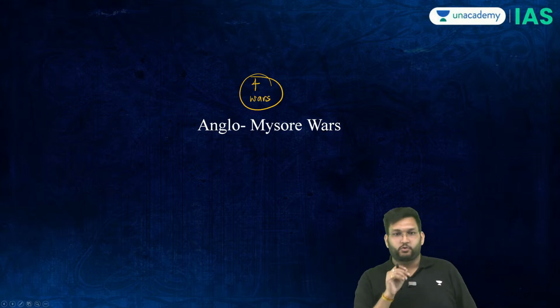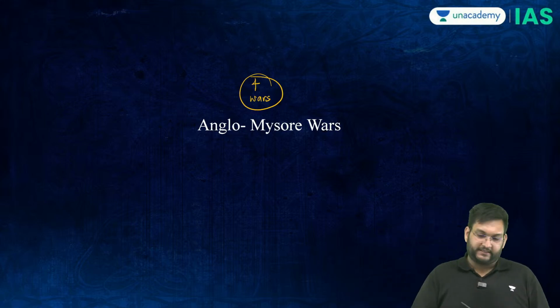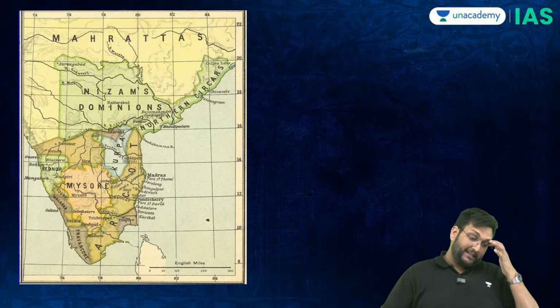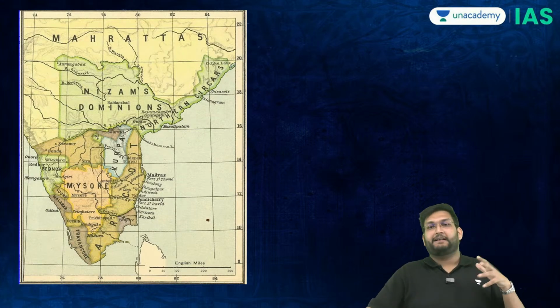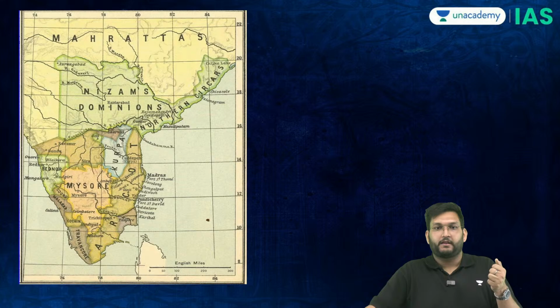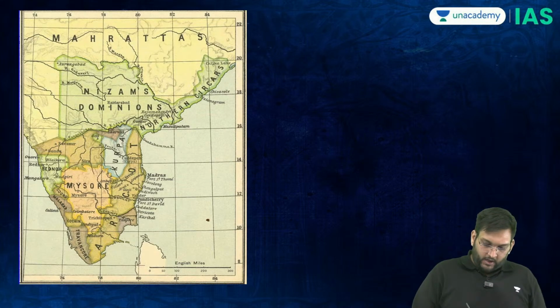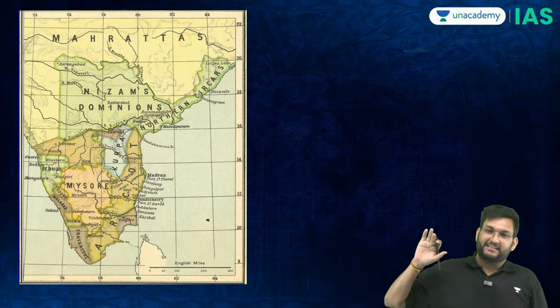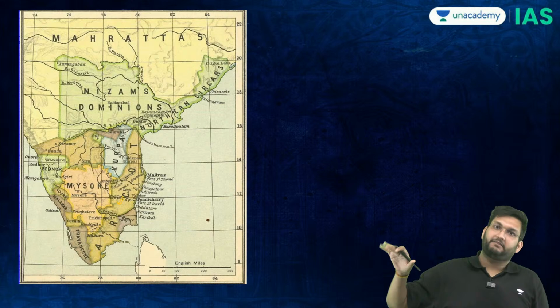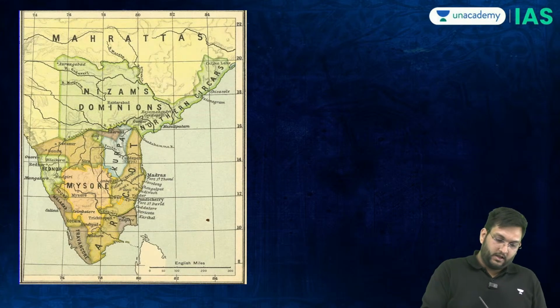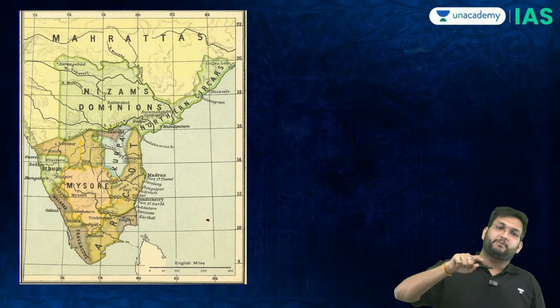Now, the Mysorean sector is quite pragmatically, or you can say it is in a very precarious situation, because on its east, it has the Carnatic sector, which is hostile. In its north, it has the Nizam, who's again hostile.